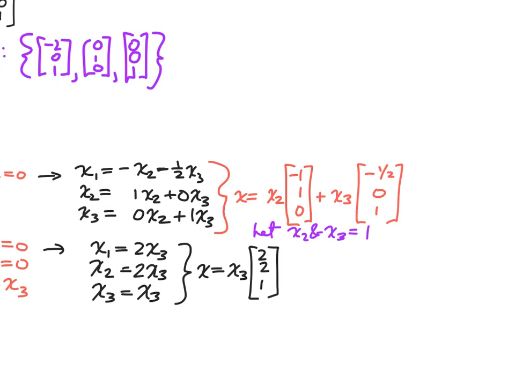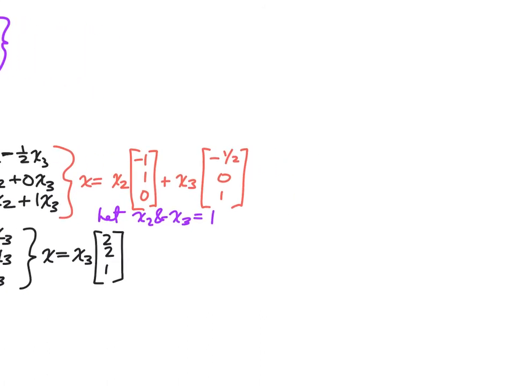But we have to do the additional step here because the eigenvector really is a linear combination of these two vectors. So we're looking at negative 1, 1, 0 plus negative 1/2, 0, 1. So the eigenvector is really going to be negative 3/2, 1, 1.